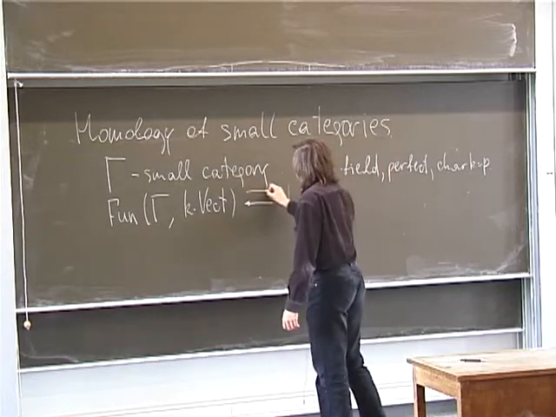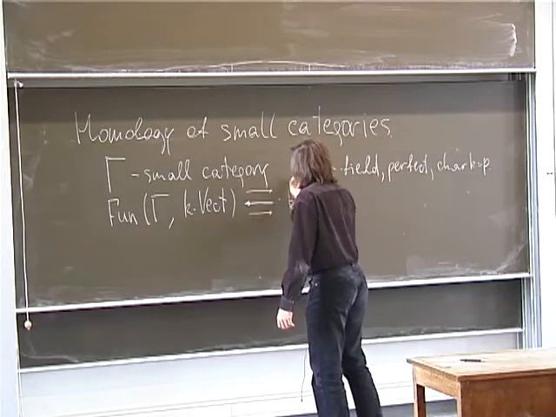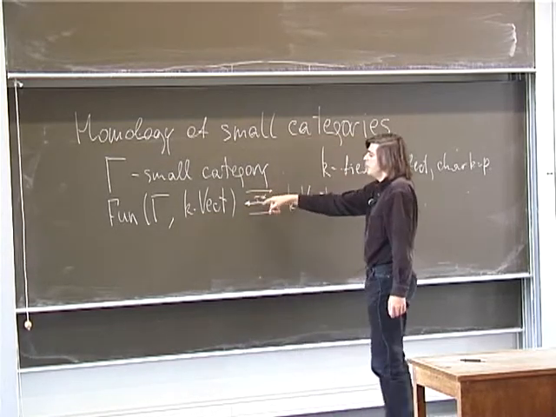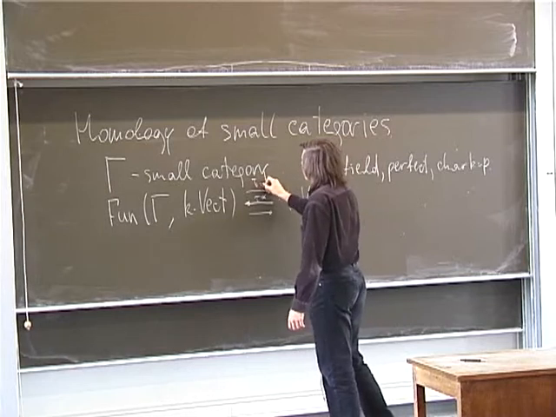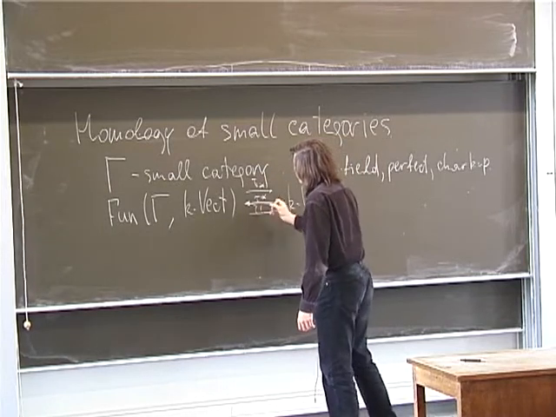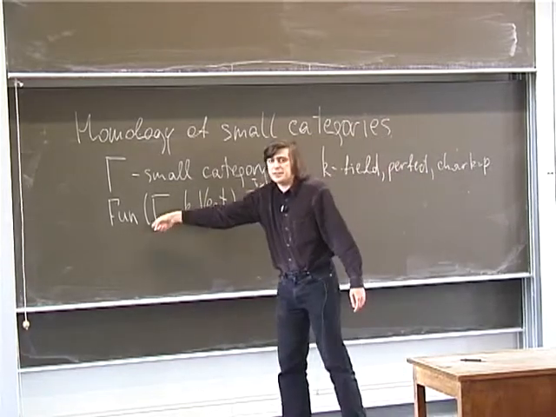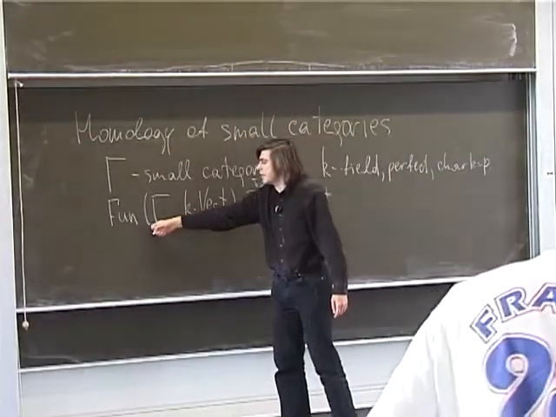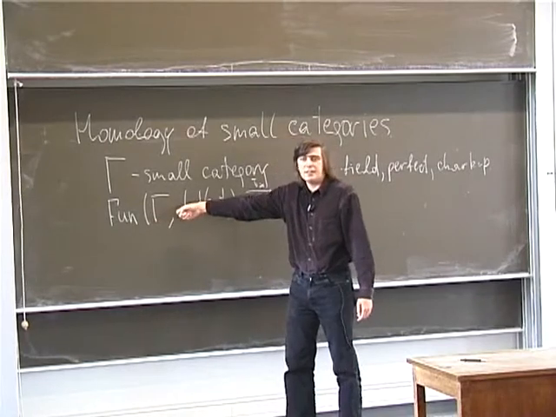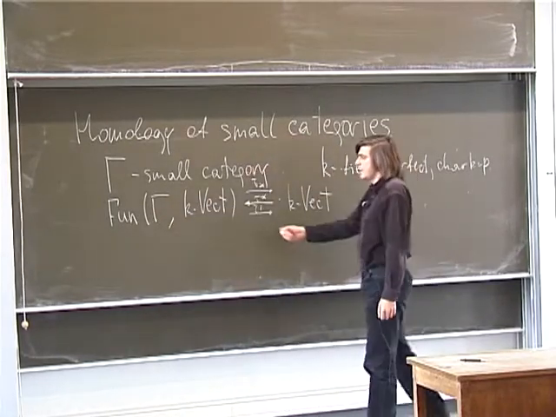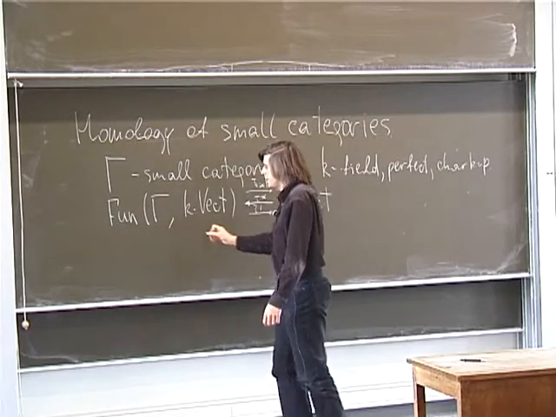And there are two adjoints. Let me call it tau upper star, and this is tau lower star, and tau lower shriek. This notation is chosen so as to remind you of the maybe familiar things about Grothendieck topologies and things like this.